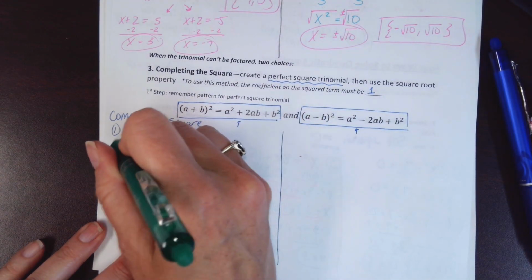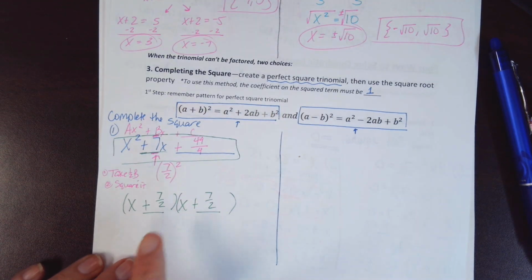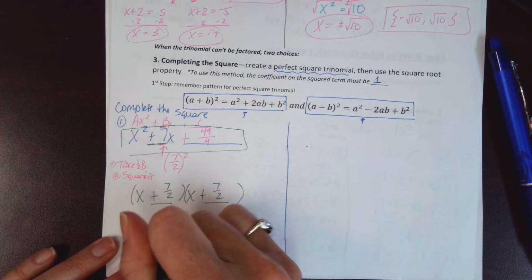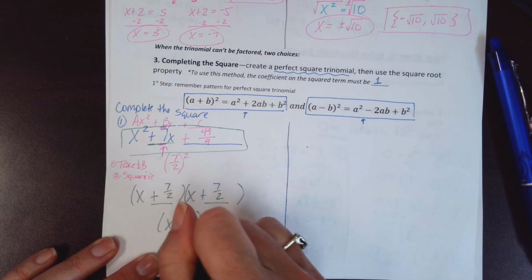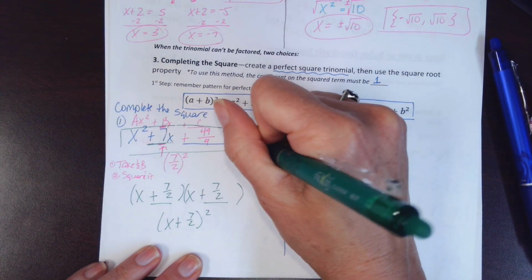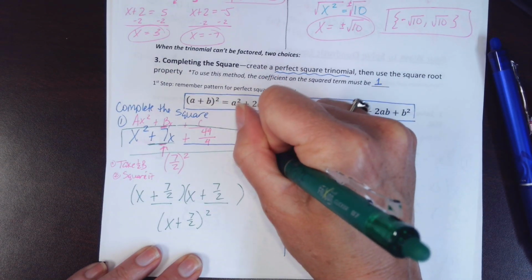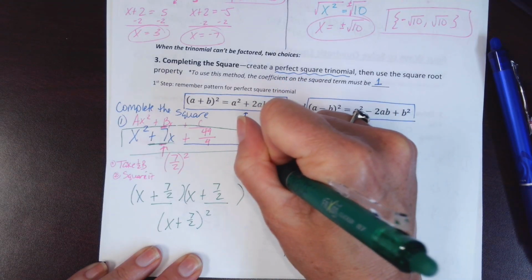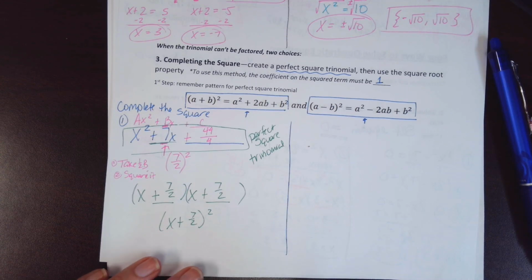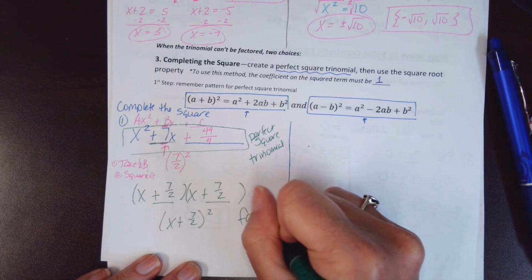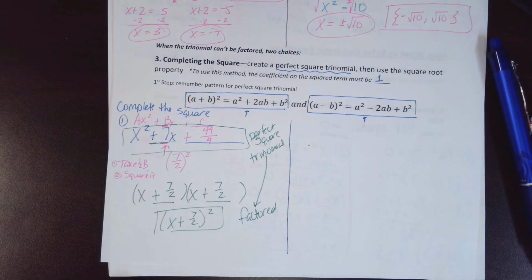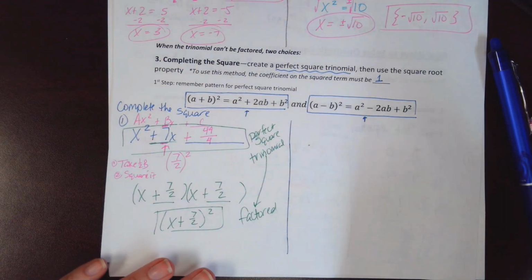That's how this perfect square trinomial breaks apart into factors, and these factors are identical. So I get to write them as a single binomial being squared. So this is my perfect square trinomial, and my perfect square trinomial factored gives me two identical factors. That's what we're doing when we complete the square to solve an equation.